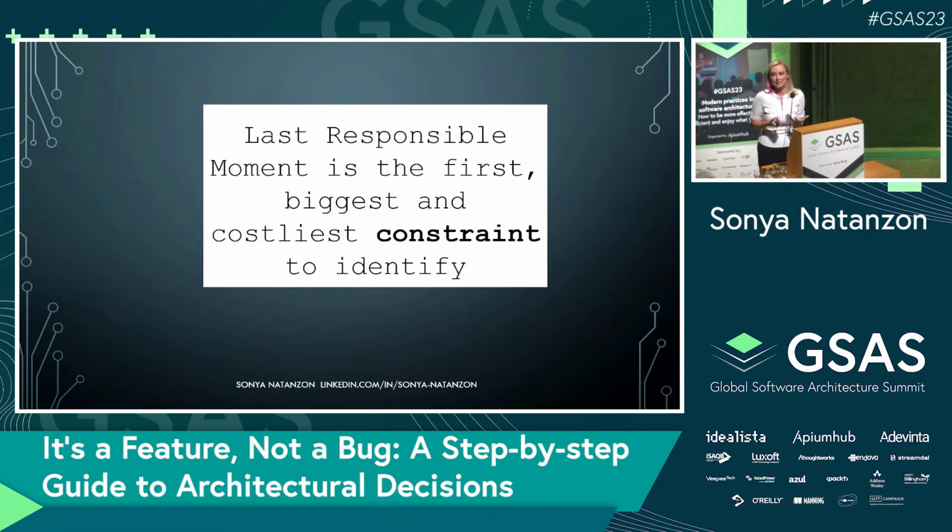All right, so what is last responsible moment really? It is the first, biggest, and costliest constraint for you to identify. It also is a mechanism for surfacing all other constraints and their relationships to each other.